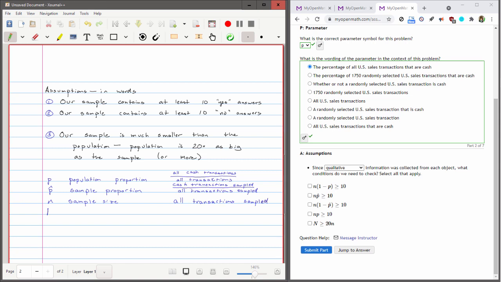And big N, that's the population size. That's just all transactions.